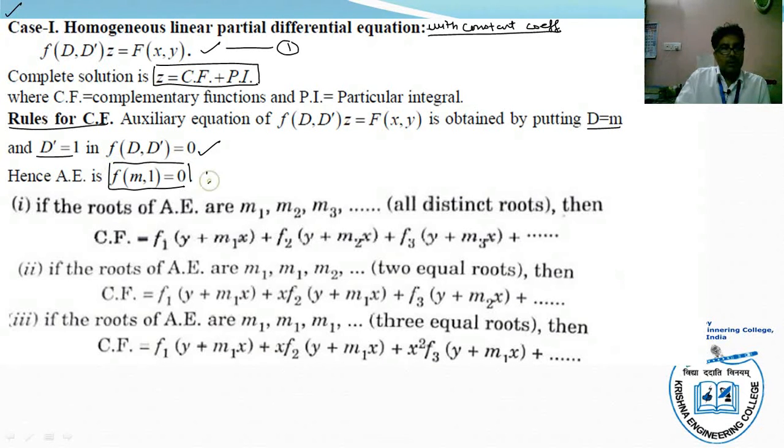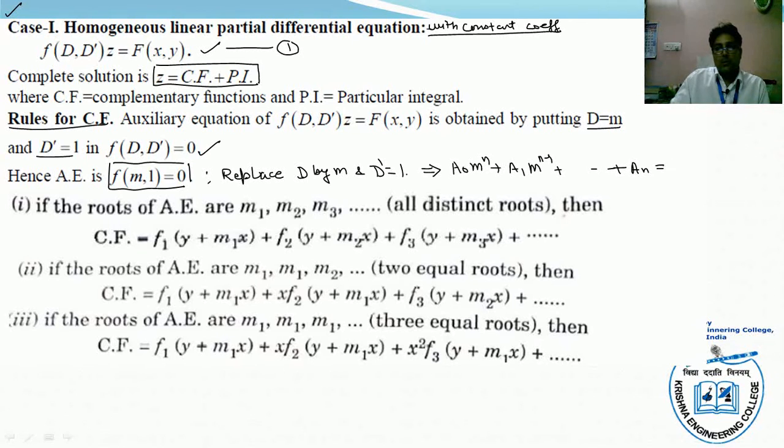That means replace D by m and D' by 1. So we get an equation of the form a0 m^n + a1 m^(n-1) + ... + an = 0.